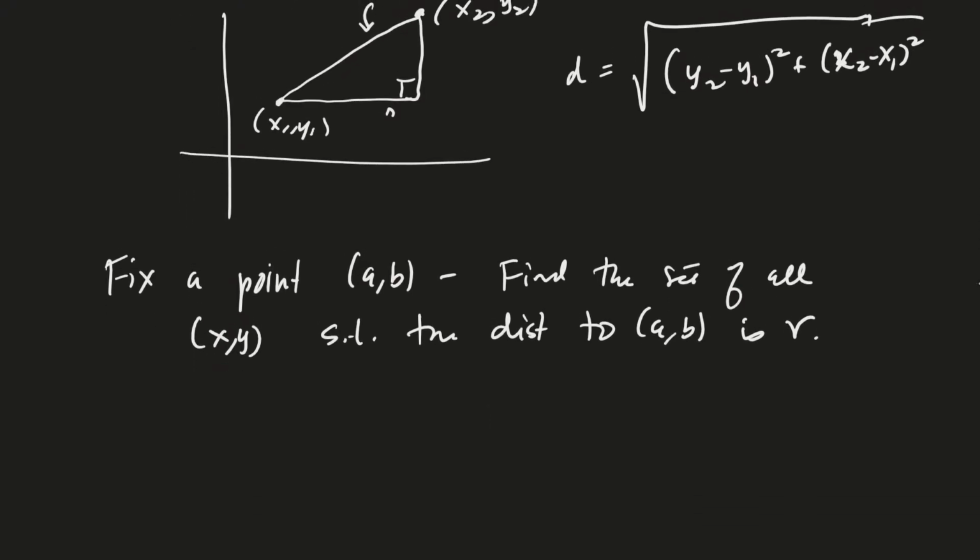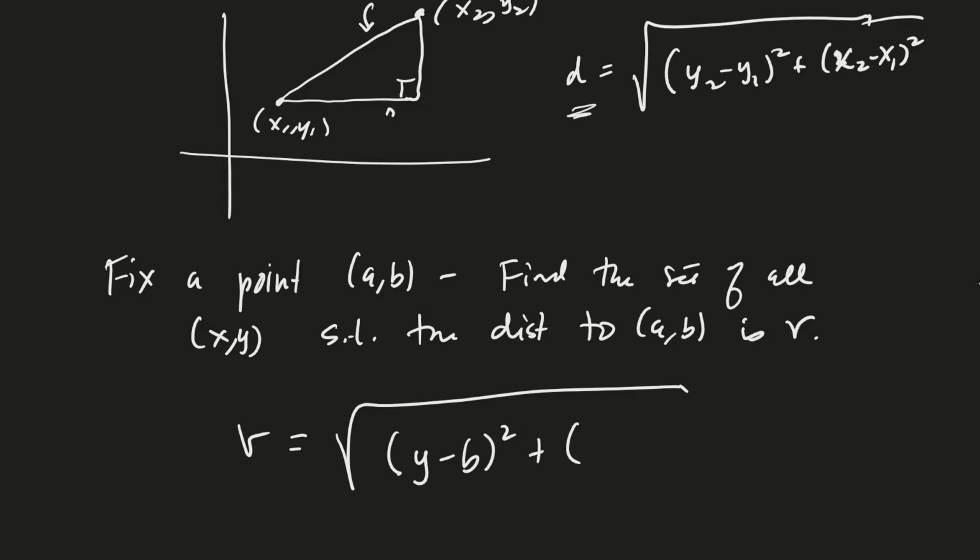Well, using our formula, that means that r is equal to the square root of (y minus b) squared plus (x minus a) squared.